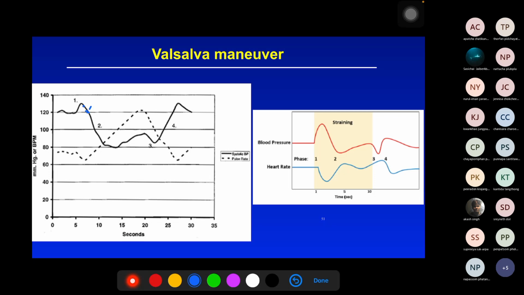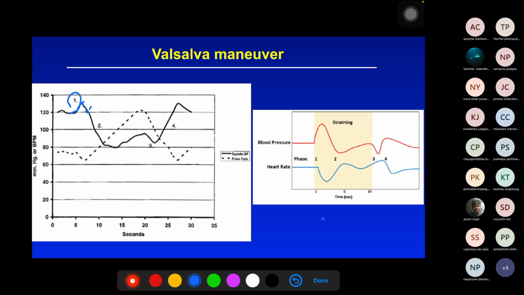In phase 1, you might see the pressure is a little bit increased, because when you force expiration, the blood in the lung is squeezed from the lung back to the heart, through the pulmonary vein into the LA. The blood coming back to the LA, and to the LV, is increased a little bit from the squeezed lung. That's why in phase 1 of the Valsalva maneuver, the pressure is increased.